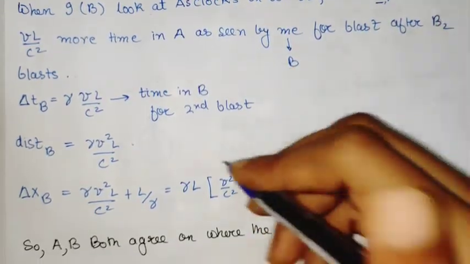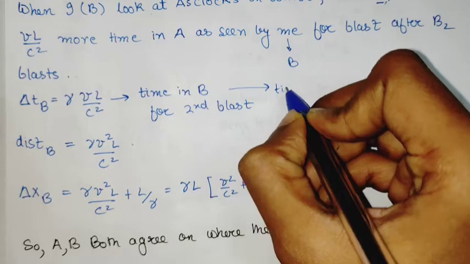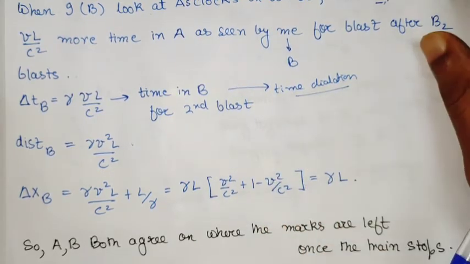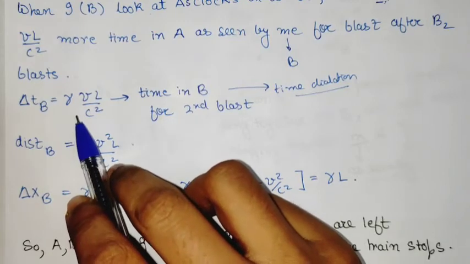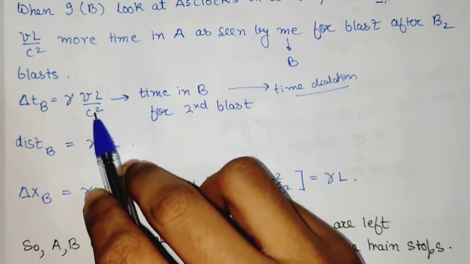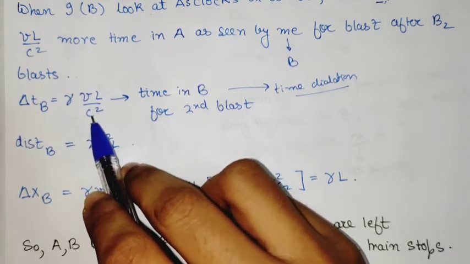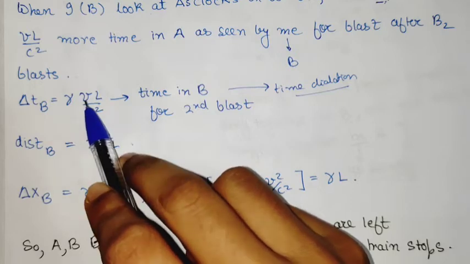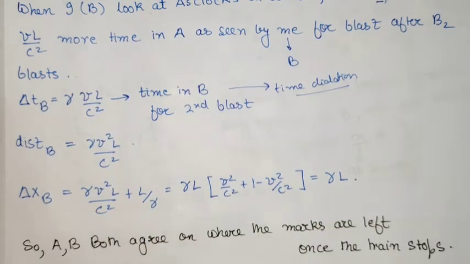So here we are making use of time dilation. Now Bob says, okay, after this much time the second bomb will be blasted, and in this much time the train would have traveled this much distance, multiplying just by the velocity v.